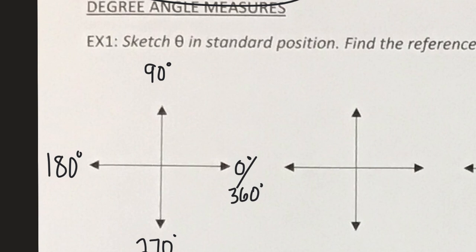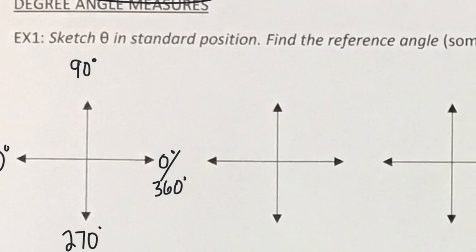So a 360-degree angle means that you end looking the exact same direction as you started. It's really hard to determine whether it's a 0-degree angle or a 360-degree angle, unless you know that you did one rotation.